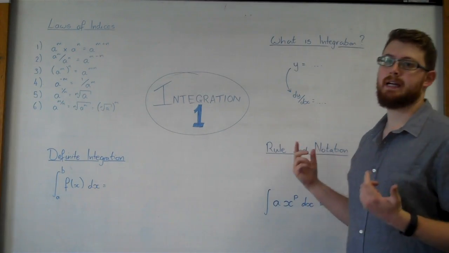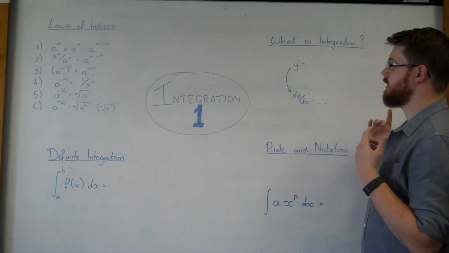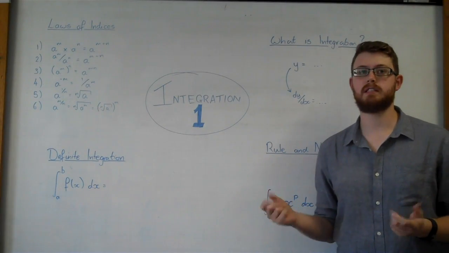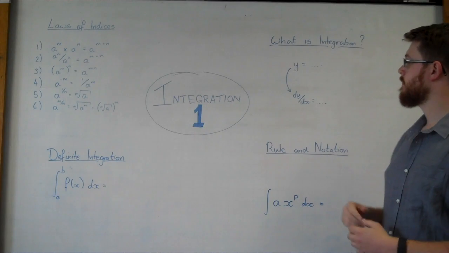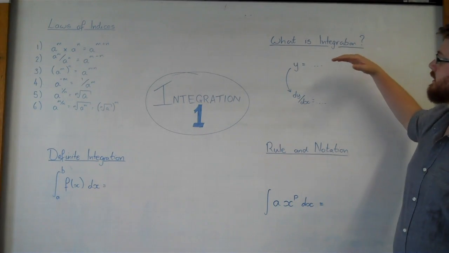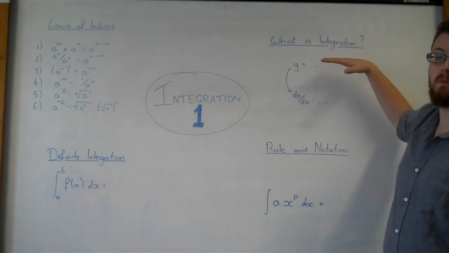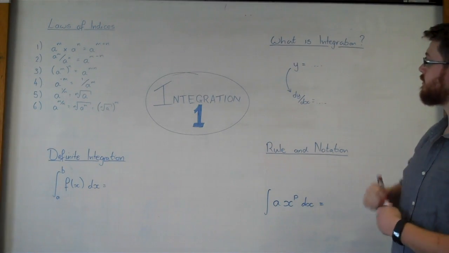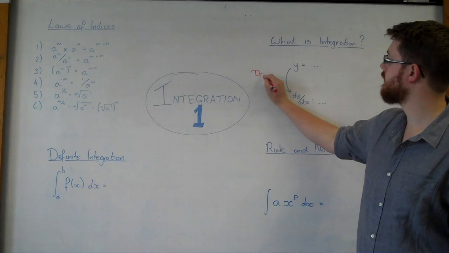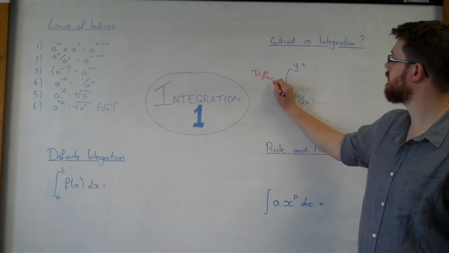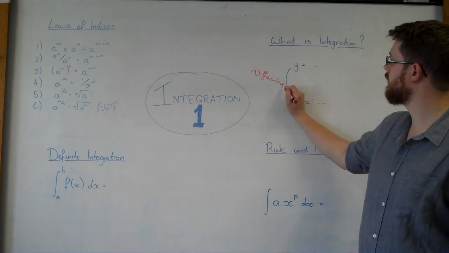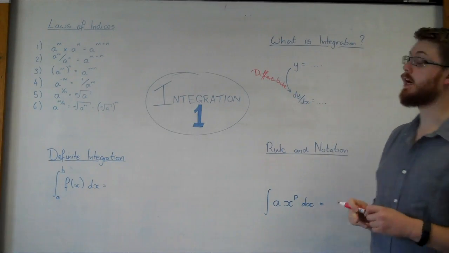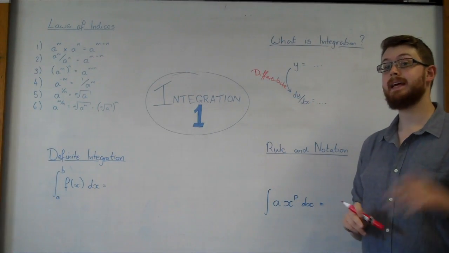Obviously, an understanding of what integration is is incredibly important. So we've already seen that to go from y to dy by dx, you have to differentiate, which Kyle and Ash have already dealt with.